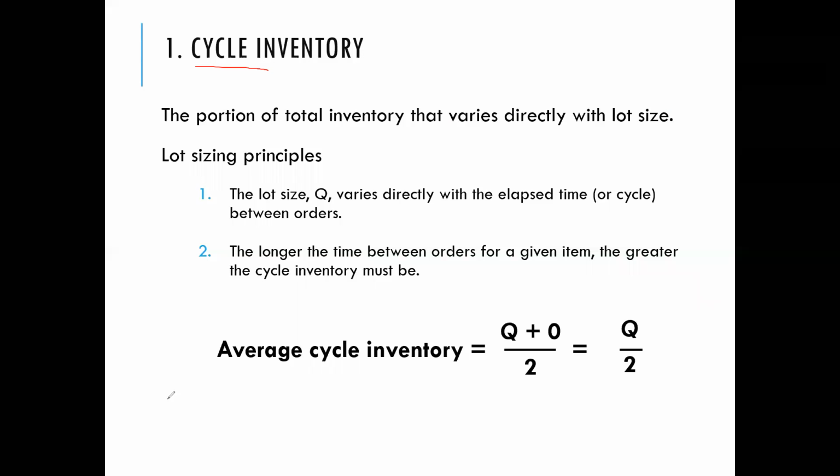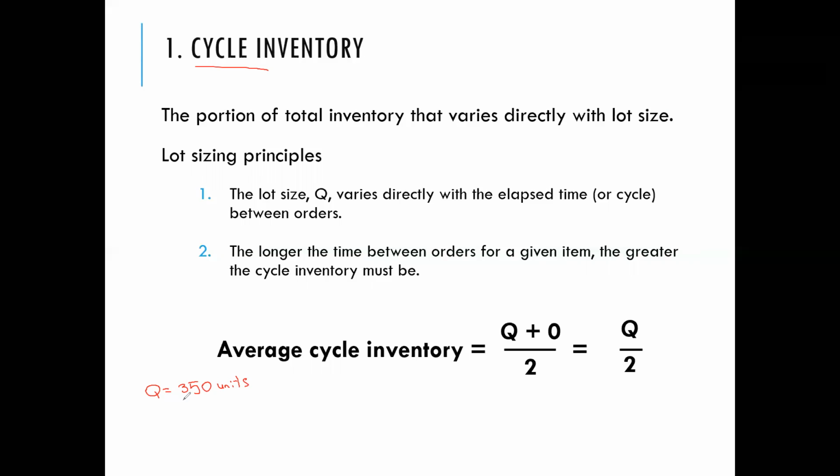and this is an example that we will keep on using for our EOQ model as well. So let's say, for example, the lot size, which is represented by Q in your book, is 350 units for an item. What do we mean by a lot size of 350?